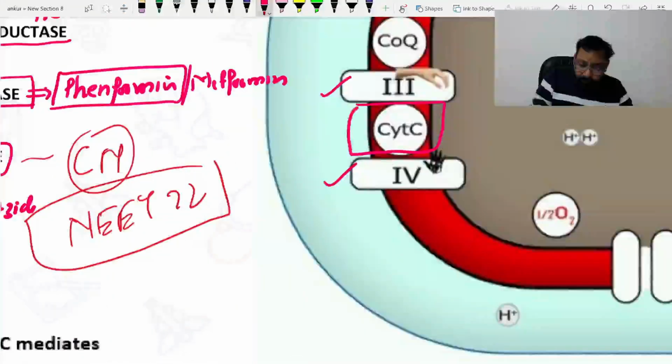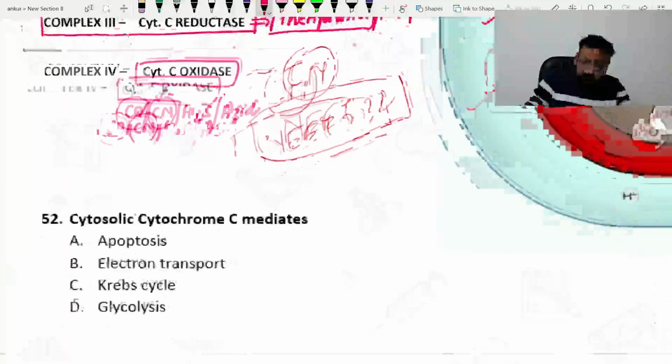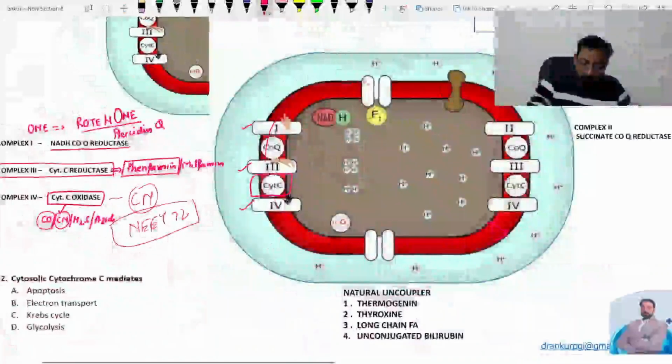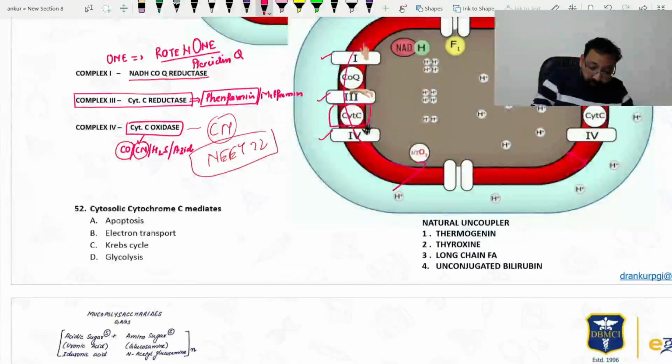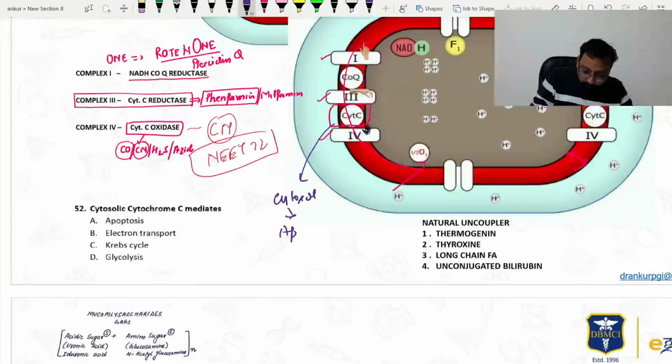This is cytochrome C, which is present at the inner mitochondrial membrane and takes part in the electron transport chain. But if this cytochrome C dissociates from the inner mitochondrial membrane and comes into the cytosol, it starts apoptosis.